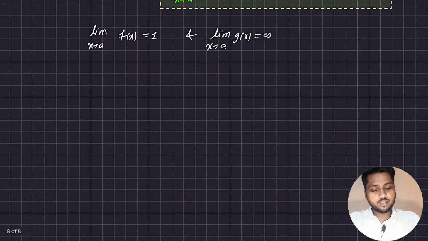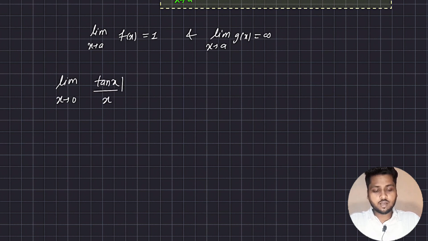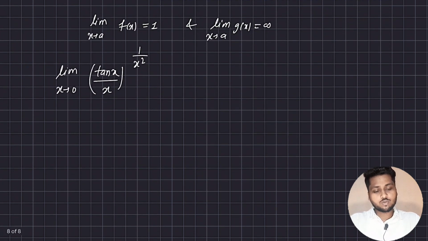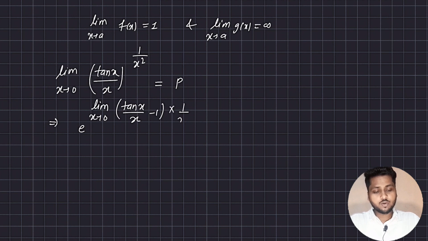So we can use the formula. I will treat tan x upon x as f(x), and 1 upon x square is g(x). So I can write it as e power limit x tending to 0 of (tan x upon x minus 1) into 1 upon x square is equal to p.